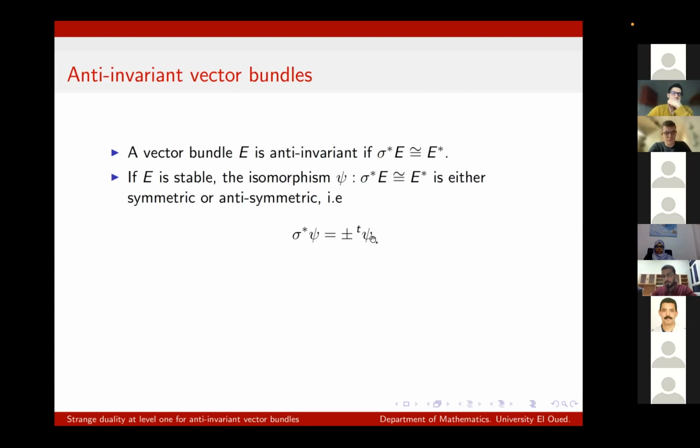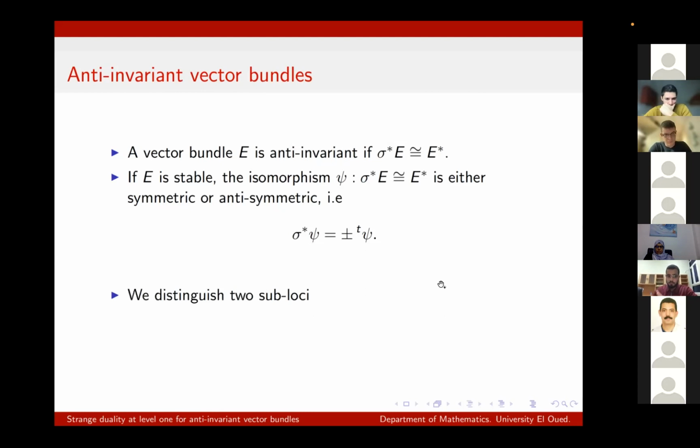So primarily we have two definitions. We have anti-invariant vector bundles, which we call sigma symmetric if there exists such an isomorphism with a plus here, and sigma alternating or anti-symmetric if this isomorphism gives you the negative of the transpose.